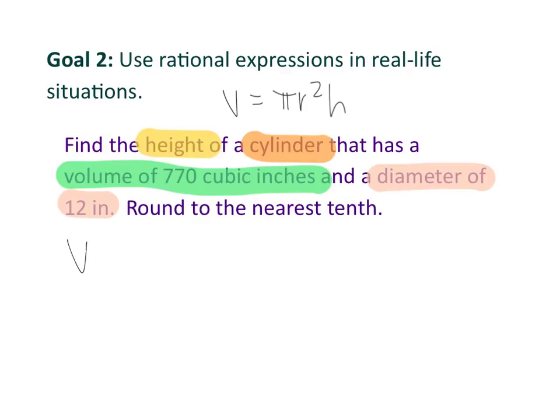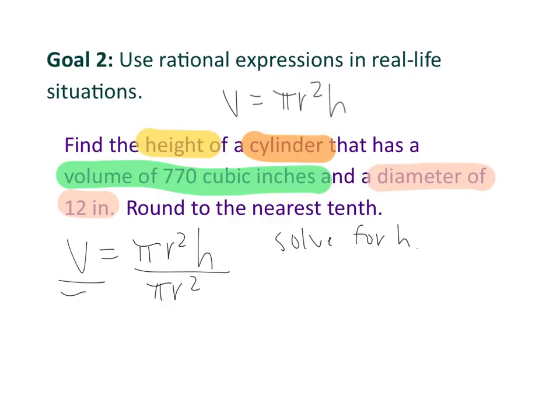So again, volume equals pi times r squared h. And so if we need to find the height, we actually have to solve for h first, right? We want to isolate h. So here, I would divide by pi r squared so I can isolate h, right? That cancels out. So then height would equal volume over pi r squared.